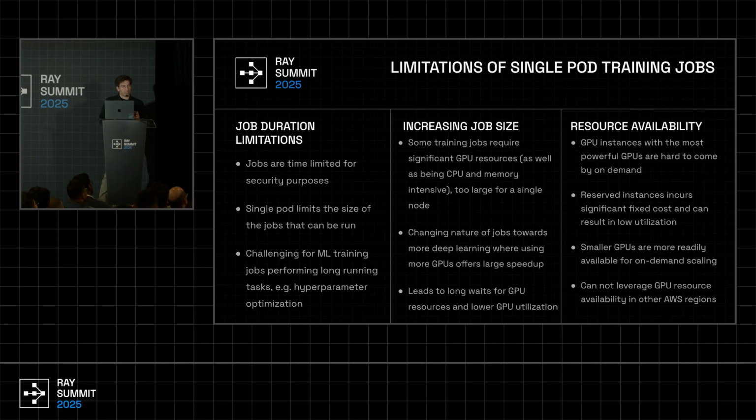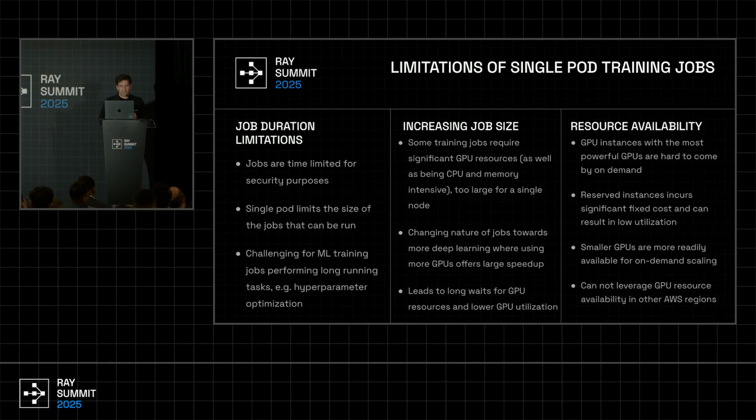And one way of addressing this would be to reserve more nodes, but that has the drawback of incurring a lot more fixed costs, and it also exacerbates the low utilization issue for the GPUs. In contrast, a lot of the workloads that we have can be moved to smaller GPU nodes if we can distribute the workload across multiple nodes. So we can alleviate some of these availability issues.